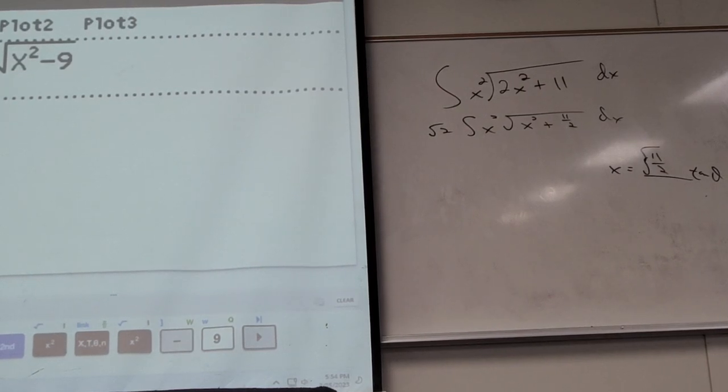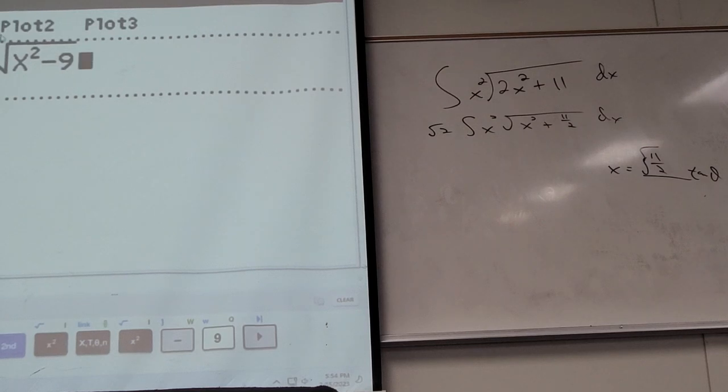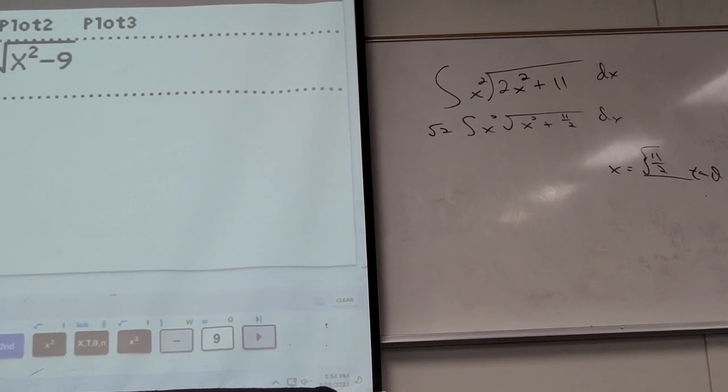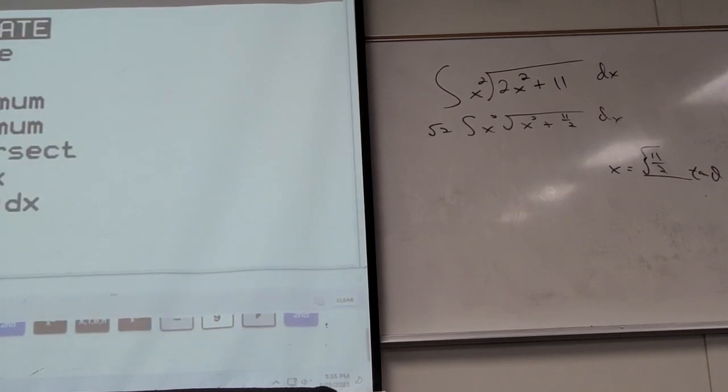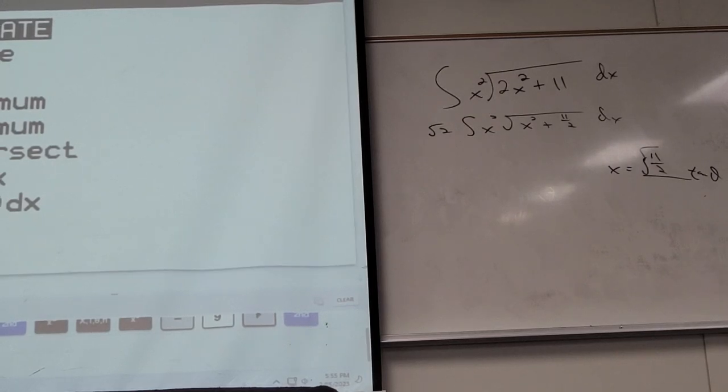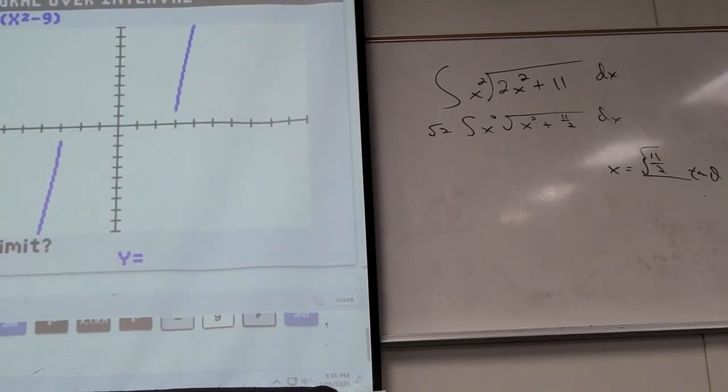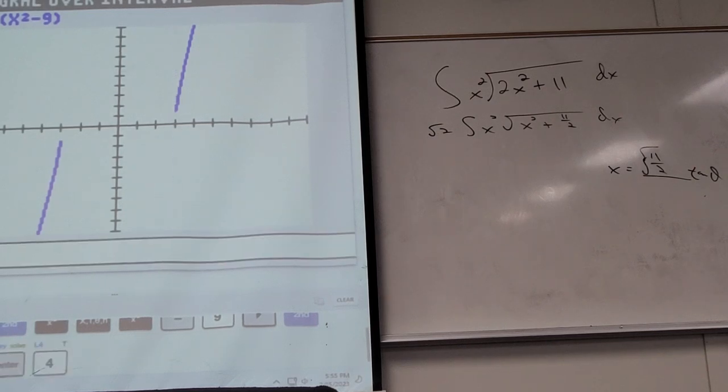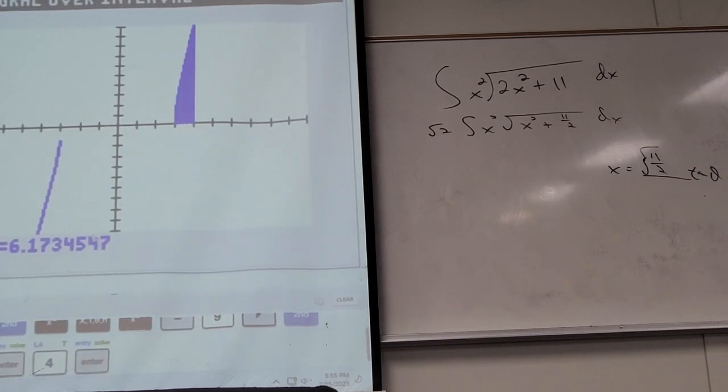So what if I had to integrate that from 3 to 4? Everybody with me? So watch this. I don't know if you ever noticed, if you look in the calculator menu, the very last thing is integration. So if you hit integration, lower limit 3, upper limit 4. There's the answer.